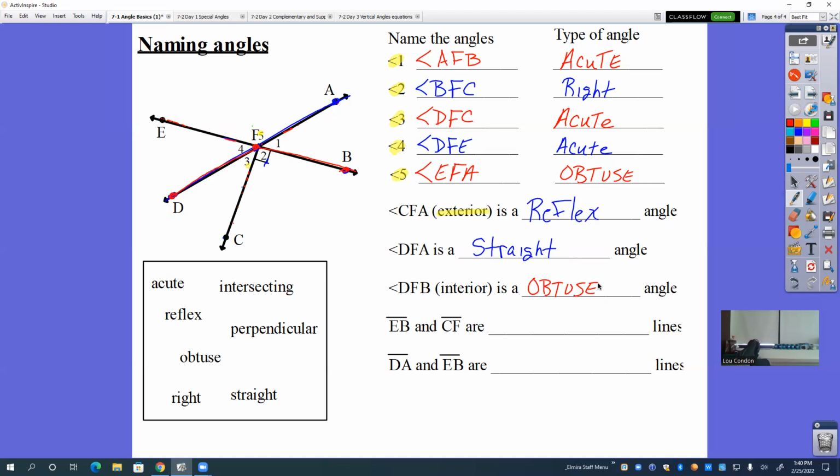And then the last two are the lines that are intersecting.